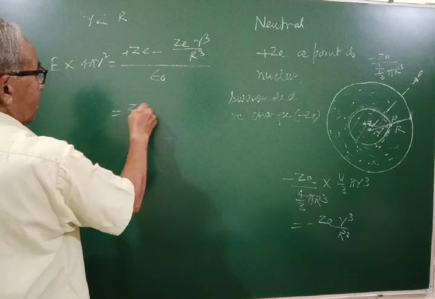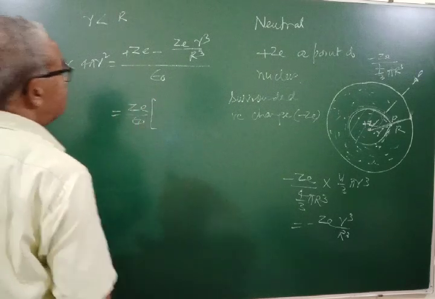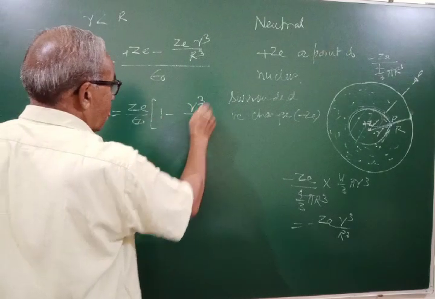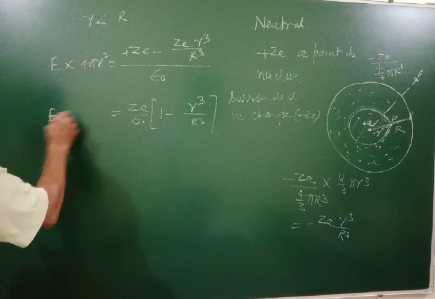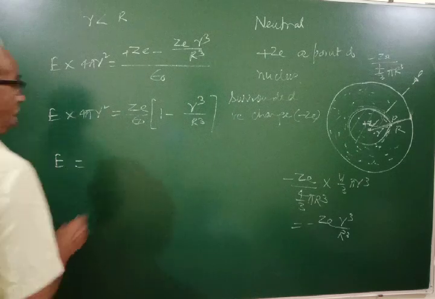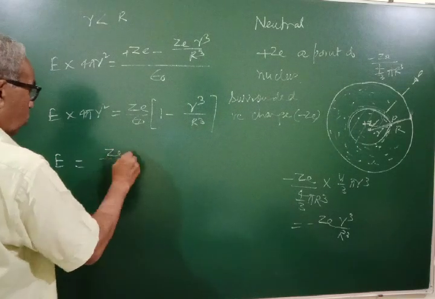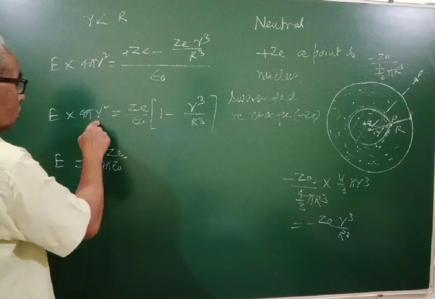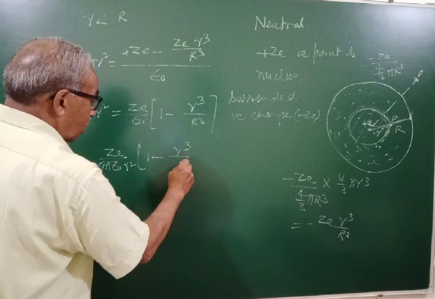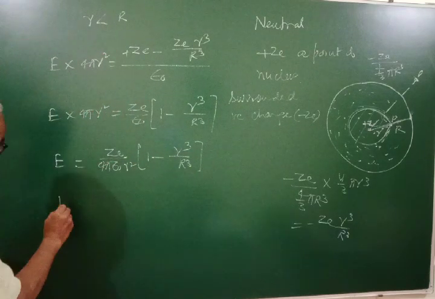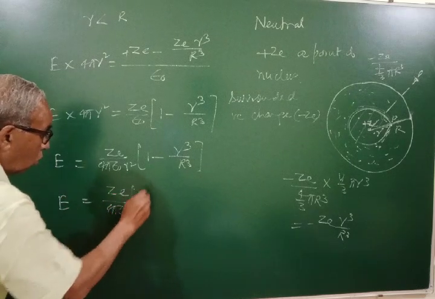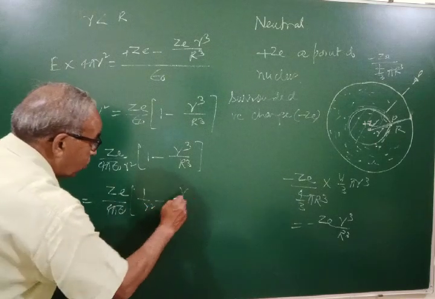Or you can write Ze upon epsilon 0 times 1 minus r cube upon capital R cube. So E into 4 pi r square, or E equal to Ze upon 4 pi epsilon 0 times 1 upon r square times 1 minus r cube upon capital R cube. Or we can write E equal to Ze upon 4 pi epsilon 0 times 1 upon r square minus r upon R cube.